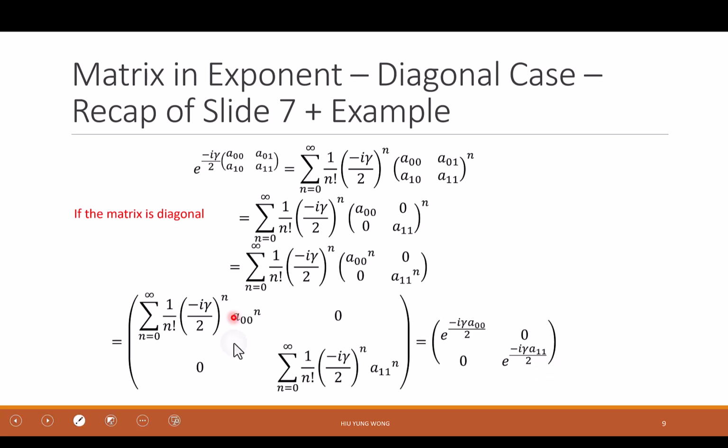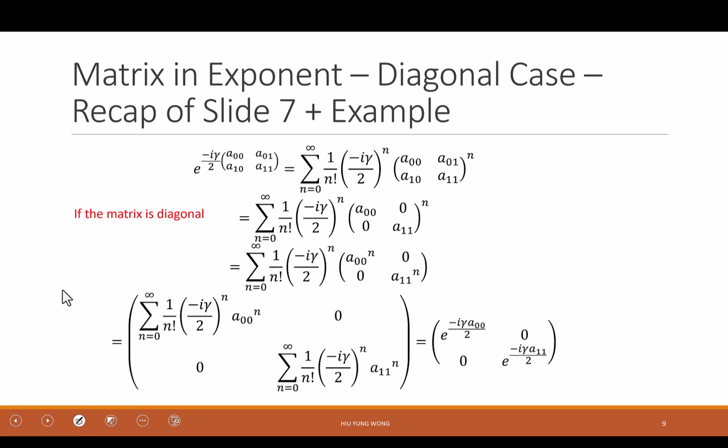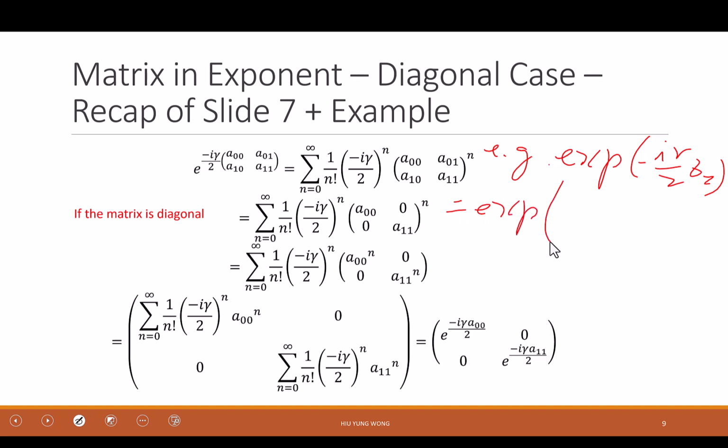Okay, let me give you a quick example, which I already did before. For example, you want to exponentiate negative i gamma divided by 2 sigma z, because sigma z is diagonal, right? So that is what we are exponentiating, negative i gamma divided by 2, 0, 0, i gamma divided by 2.